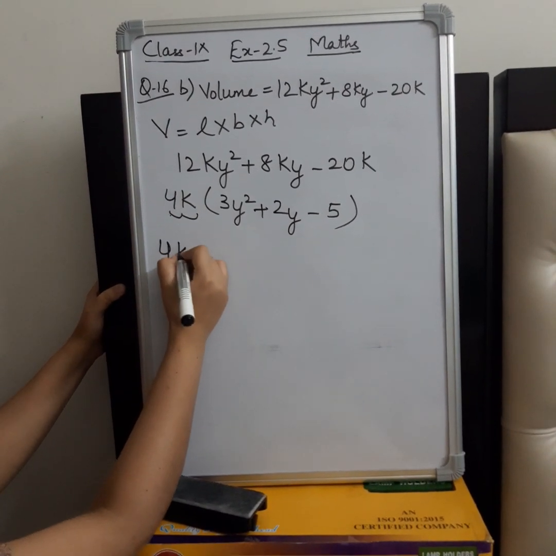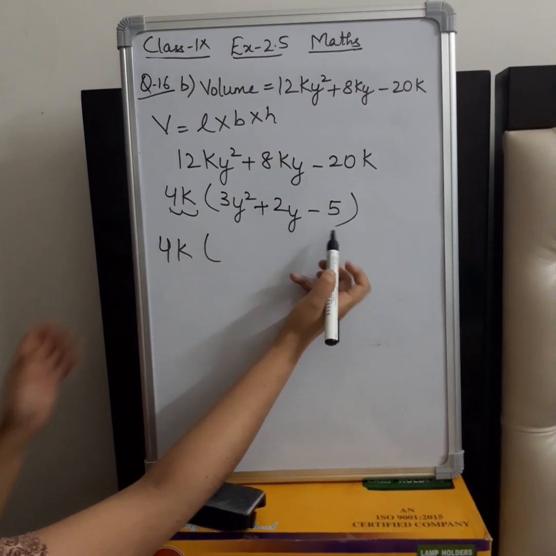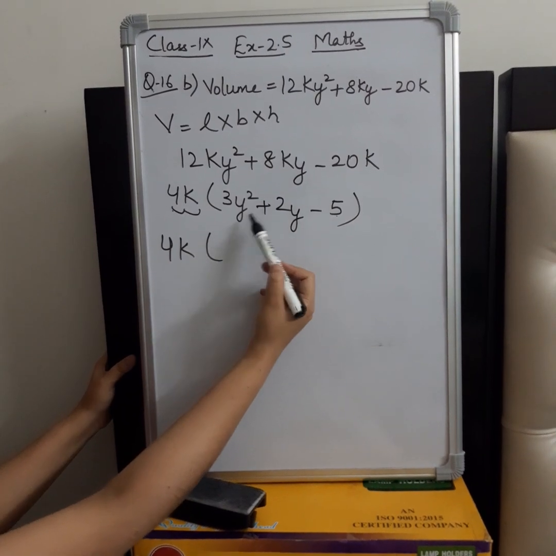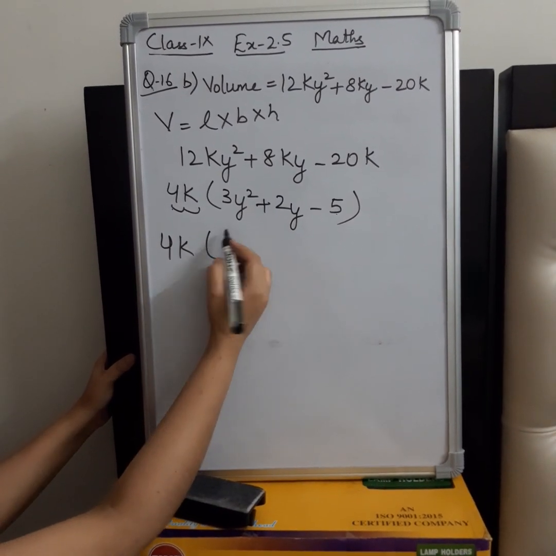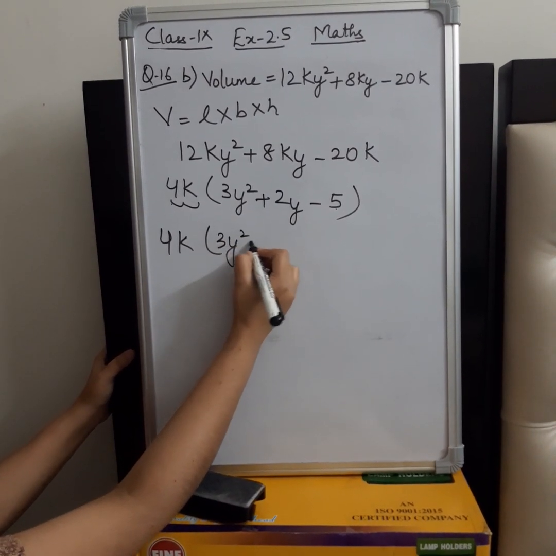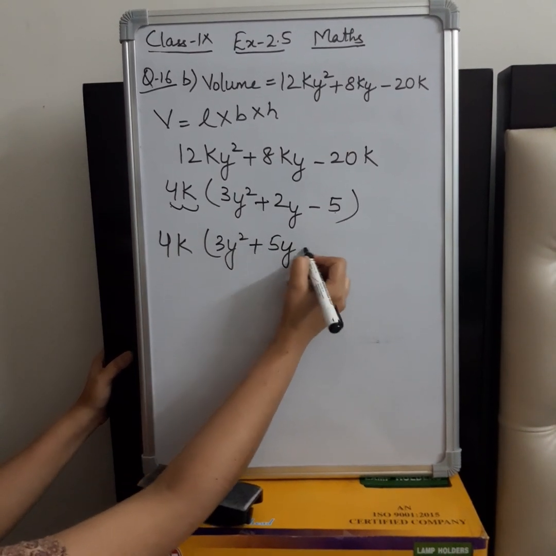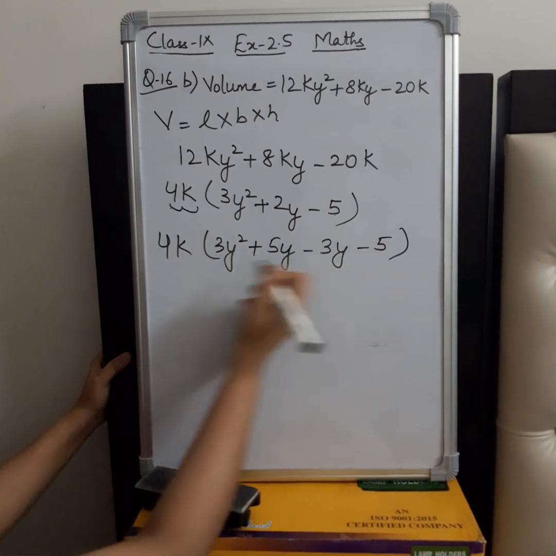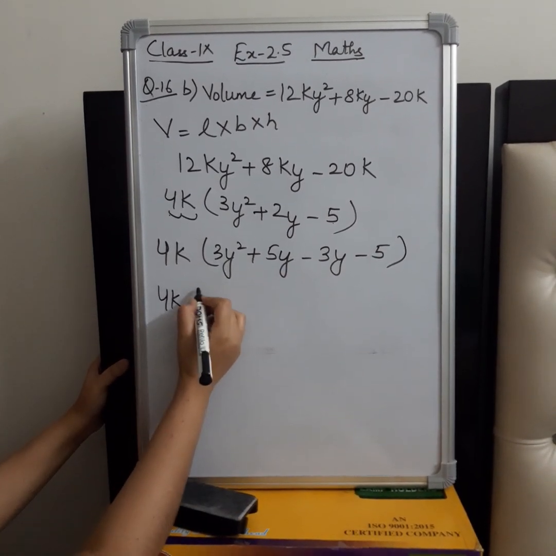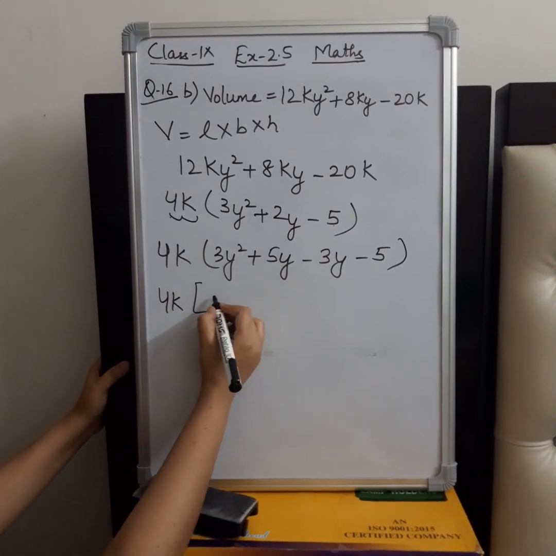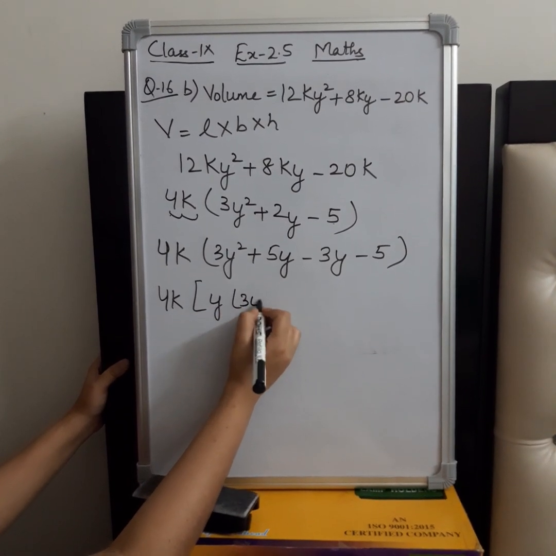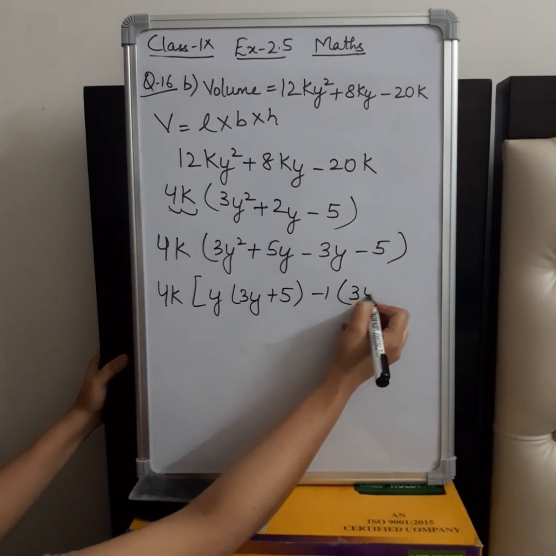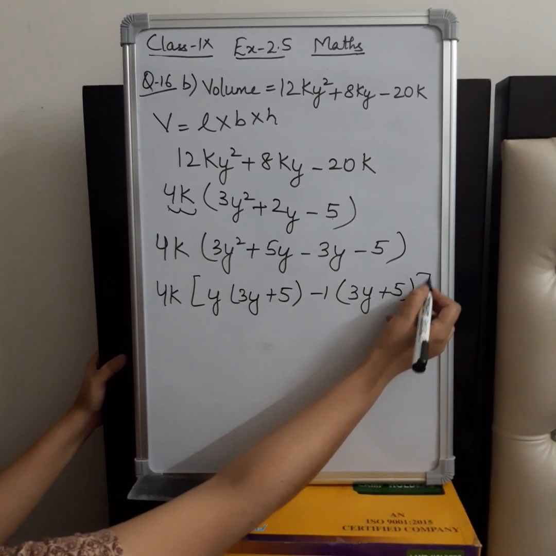So 4k will remain as it is. Now let us do the middle term splitting. Factors for 15 we can take as 5 and 3, so 3y square plus 5y minus 3y minus 5. So 4k. Now from here I can take y common, 3y plus 5, and from here minus 1, 3y plus 5.